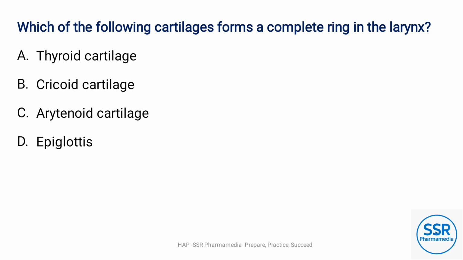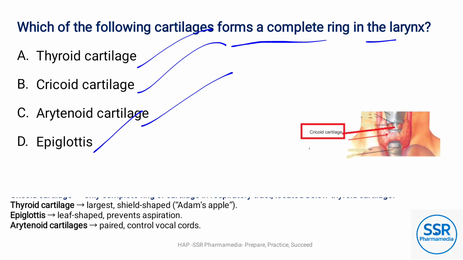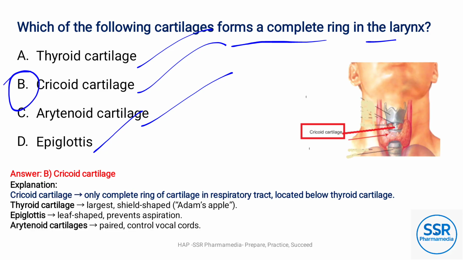Which of the following cartilages forms a complete ring in the larynx? Option A, thyroid cartilage. Option B, cricoid cartilage. Option C, arytenoid cartilage. Option D, epiglottis. So the answer is option B, the cricoid cartilage.